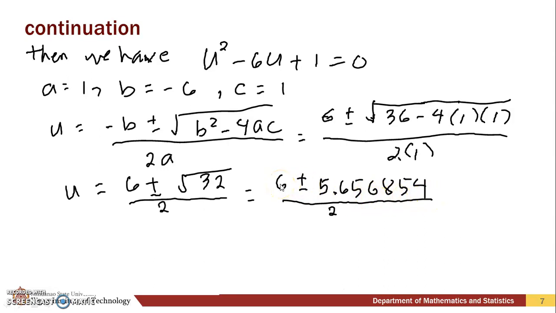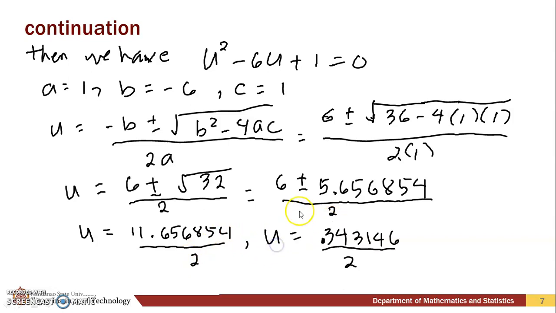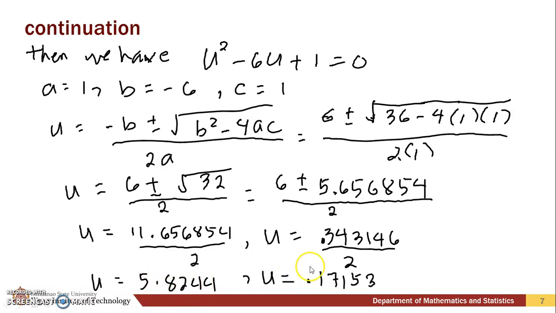Adding it to 6, or in another case subtracting it from 6, we have 11.656854 over 2, and the other value for u, when you subtract, will be 0.343146 over 2. So this value will give us 5.8244, and this value will give us 0.17153.